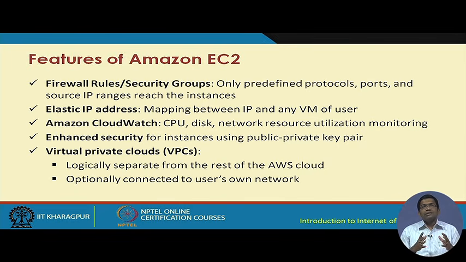So, what you have essentially is one pool, which is the IP address pool, and the other is the pool of virtual machines that can be created for the user. This elastic IP addressing will map between the IP addresses and the corresponding virtual machine. Amazon CloudWatch provides CPU, disk and network resource utilization monitoring; these are some of the functions of CloudWatch.